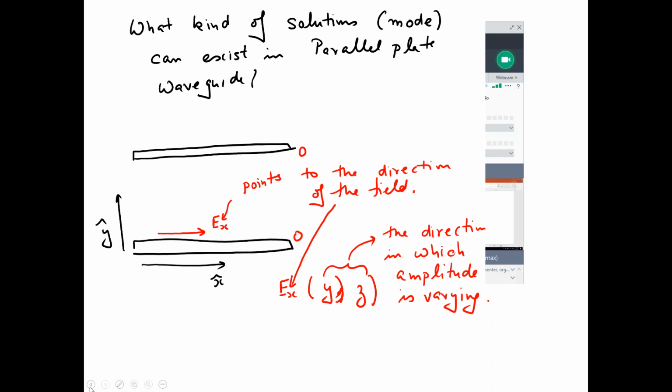What kind of H components would be related? Previously, when you looked at the plane wave, you had Ex pointing in x direction, but varying in z, not varying in y, and we had seen that there would be an Hy component. So based on this, what components of H would exist?